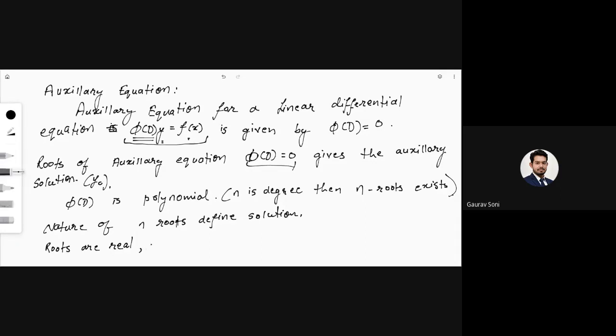Then there can be complex roots. We have seen one example where we had one root, but it was repeated twice. So real and repeated roots can be there.